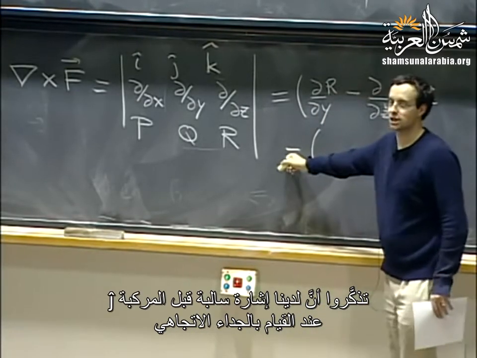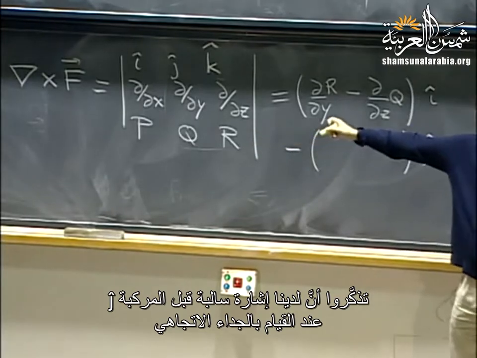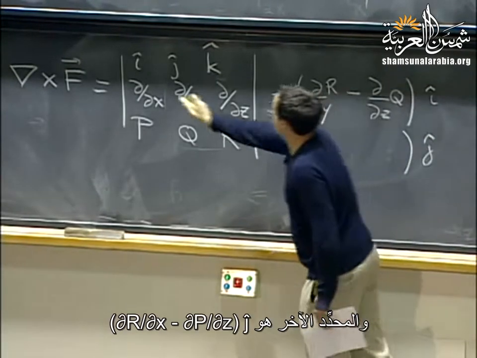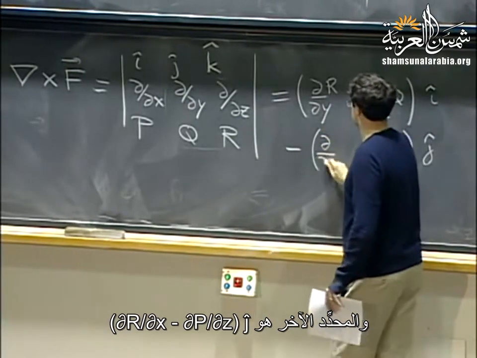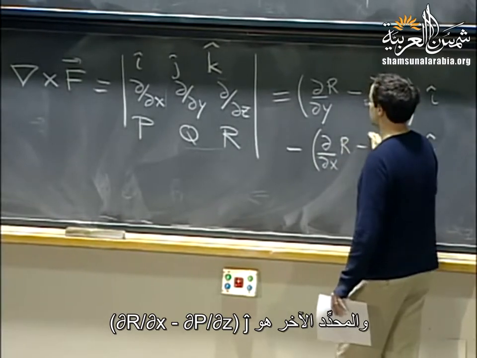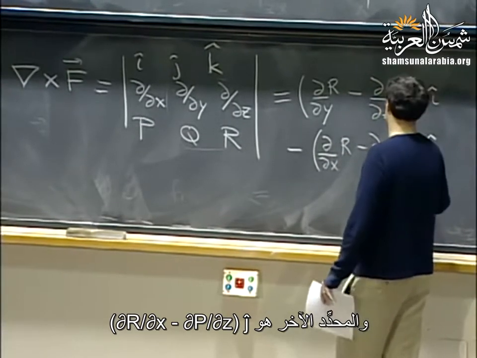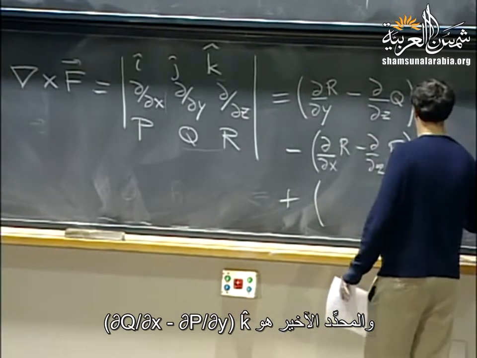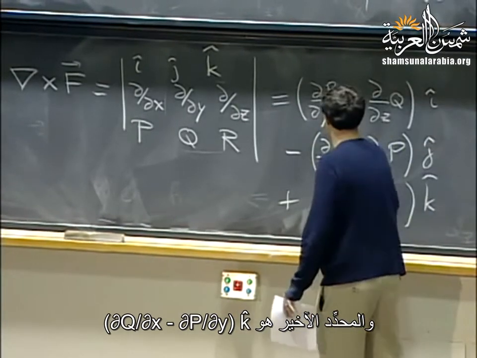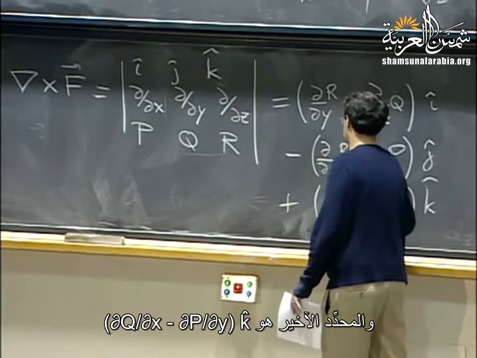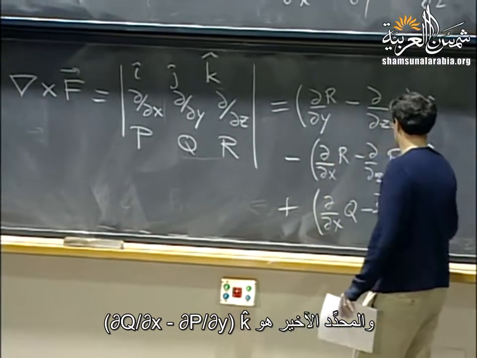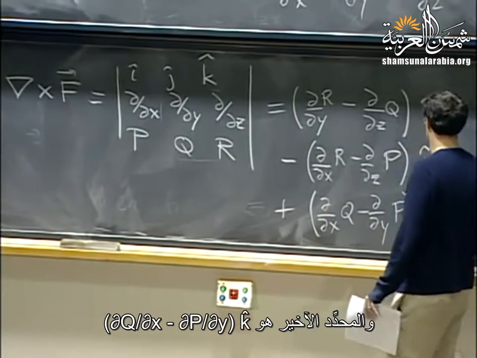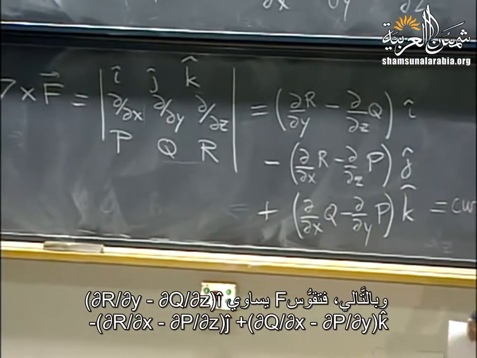Remember, there's always a minus sign in front of the j component when you do a cross product. So the other one is partial x of R minus partial z of P, plus the component of k is going to be partial x of Q minus partial y of P, and that's indeed going to be the curl of F.